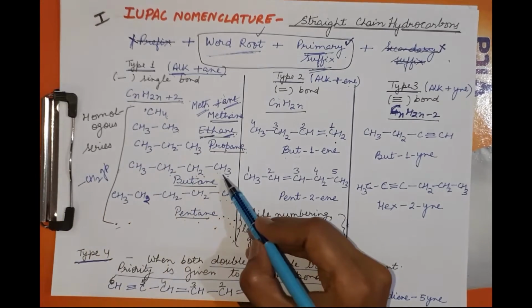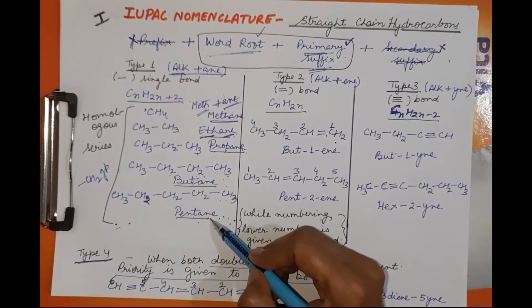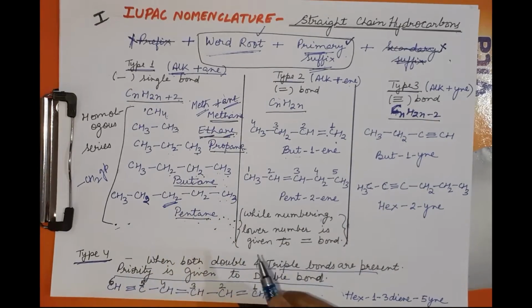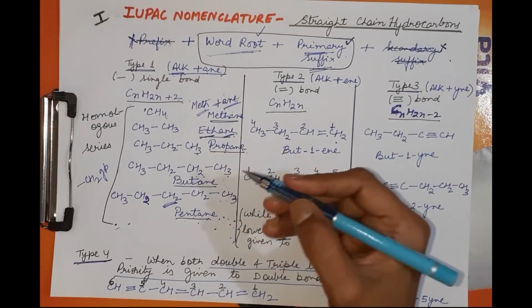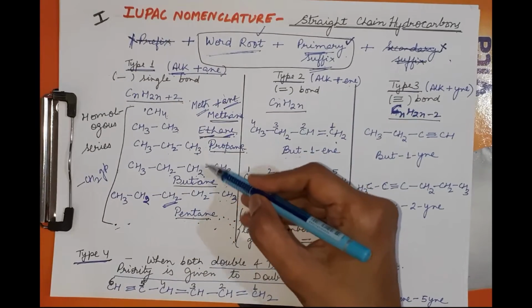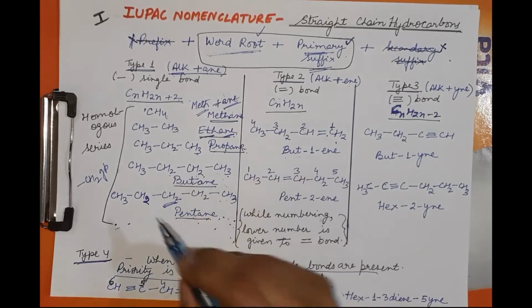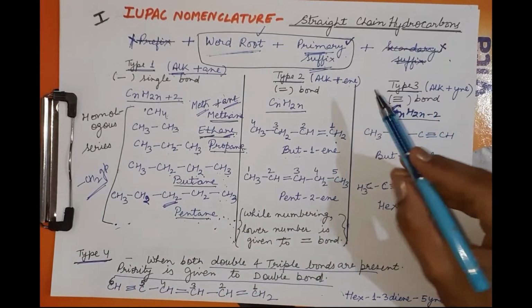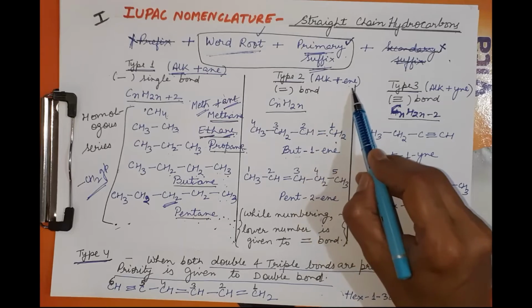If we see butane and pentane, there is only the difference of this CH2 group. If we compare any two successive members, there is a difference of CH2 group only.